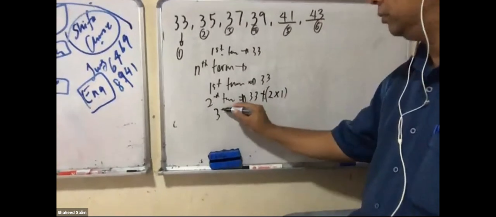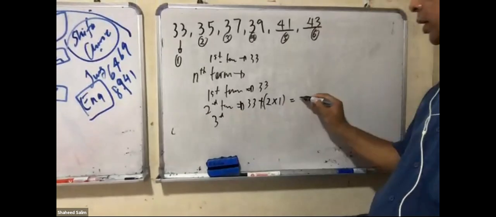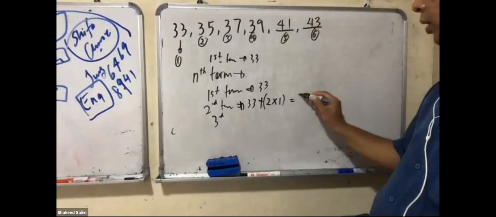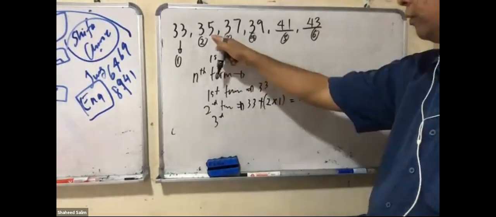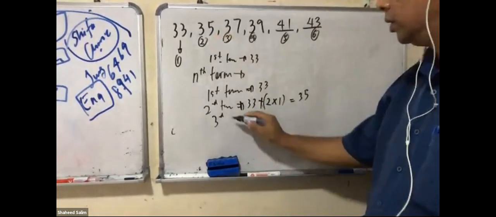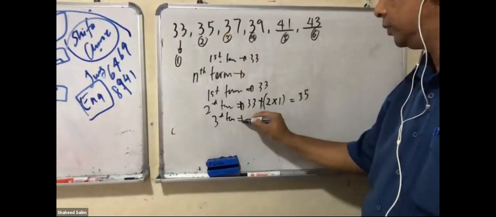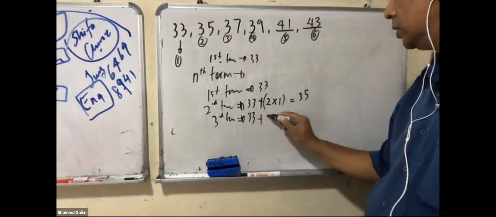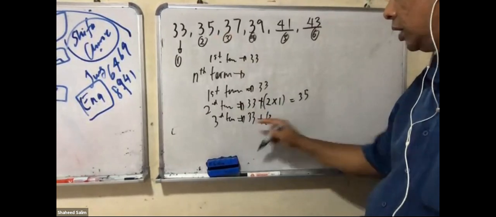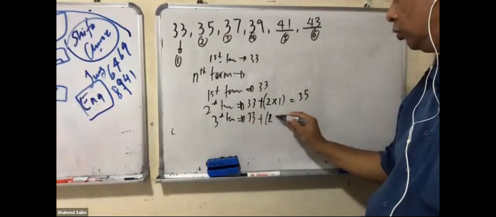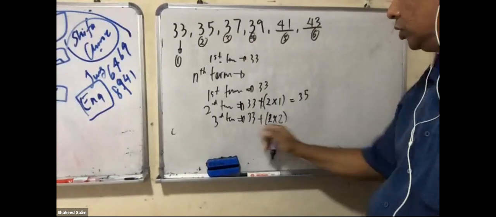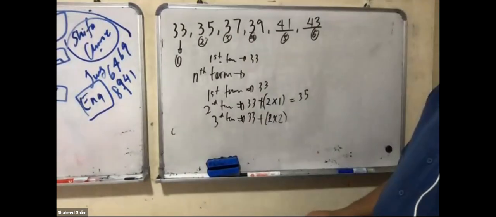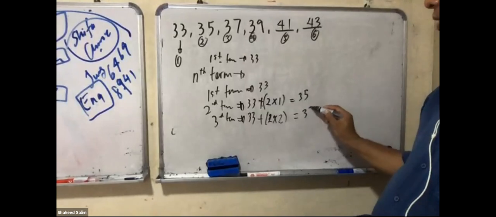Next one, third term, you get 2 times 1 is 2. You get 35. C is correct, 35. Third term, 33 plus, but you take 2 times 2. It's always 1 lesser. You get how much? 37.